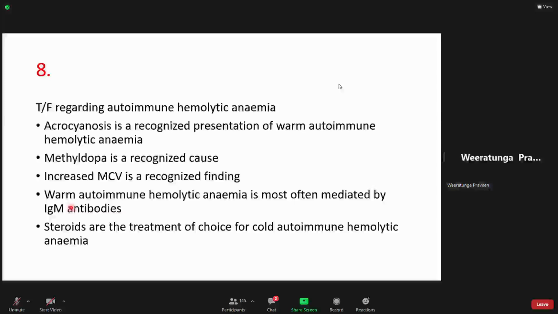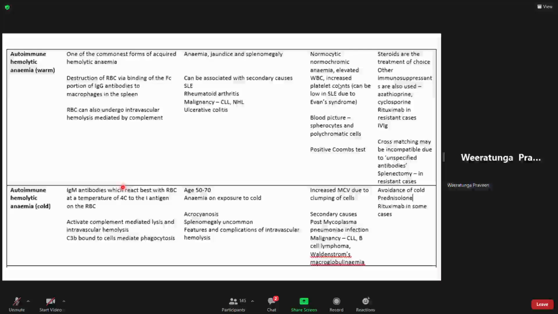Acrocyanosis is seen in cold. Remember your peripheries are cooler, right? So in patients with cold autoimmune hemolytic anemia, they get acrocyanosis. There is hemolysis at the peripheries in the fingers because it is cooler than the central parts of the body, right? That is important.